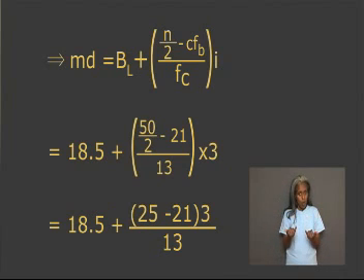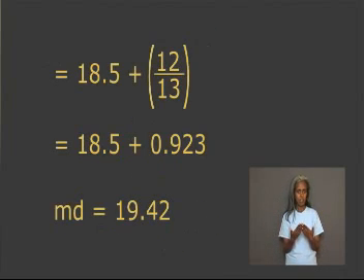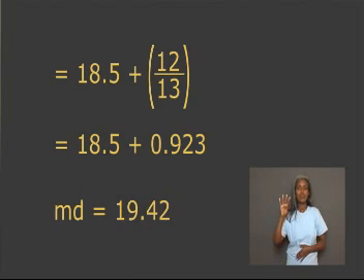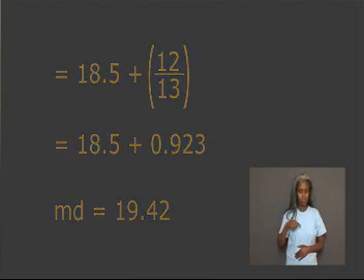Now we simplify. 12 over 13 equals roughly 0.923. Therefore, the median equals 19.42. We have found our answer.